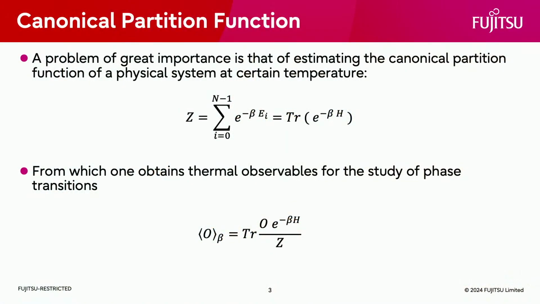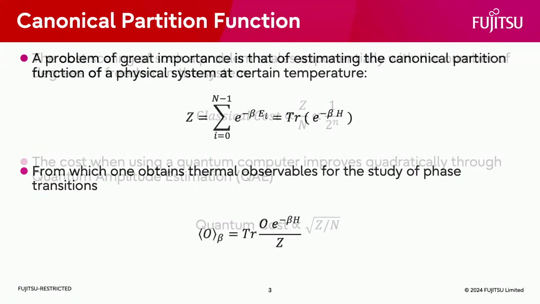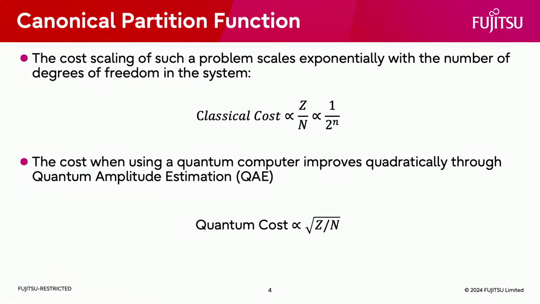But let me just give you a little bit of background about the problem. So partition function estimation in physics is a very important problem. It lets us estimate thermal observables, and that way we can characterize phase transitions in materials and whatnot. So basically, why use a quantum computer for this kind of problem?